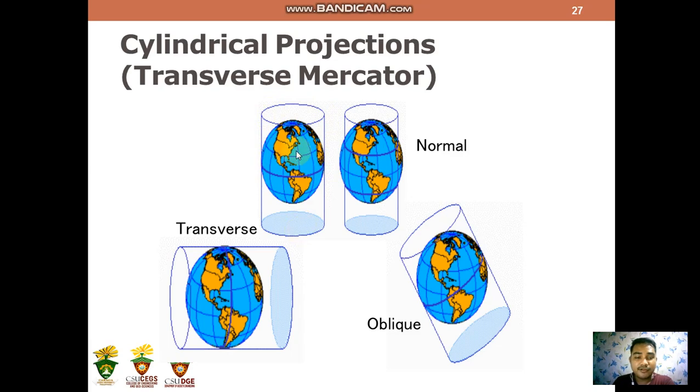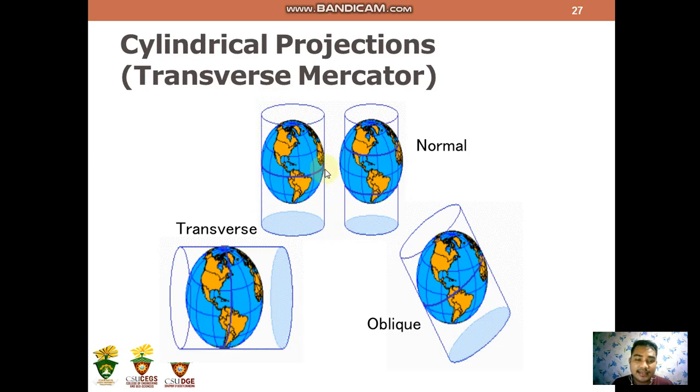Then when you cut it, that is the cylindrical projection. In the normal aspect, the equator is what touches the side of the cylinder, and this type of projection is tangent.